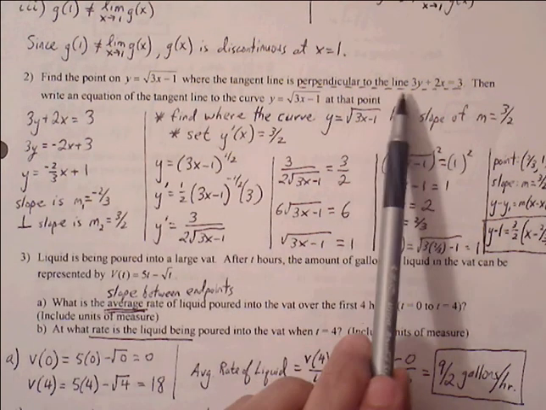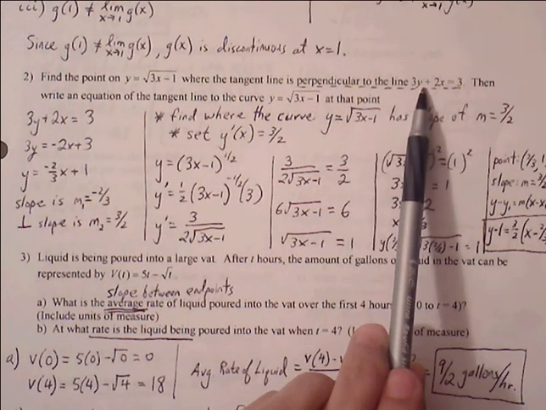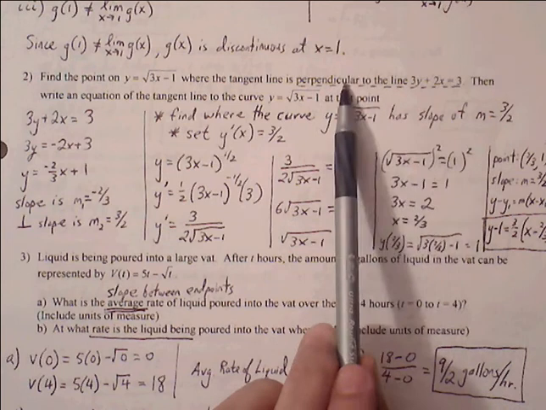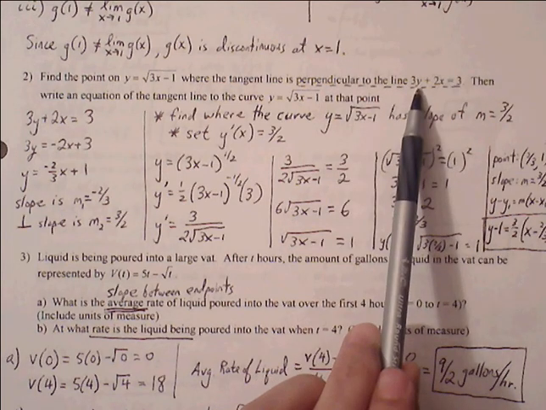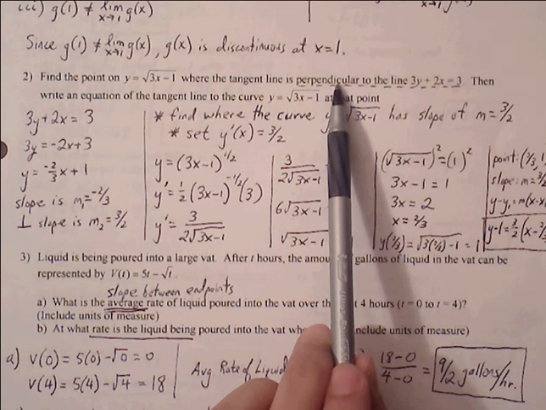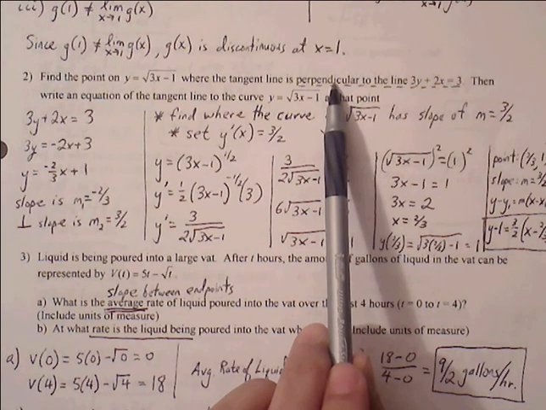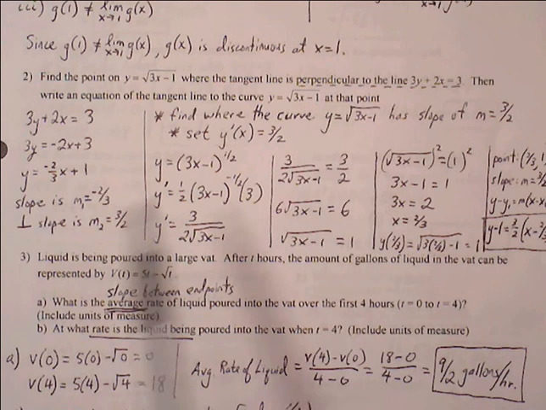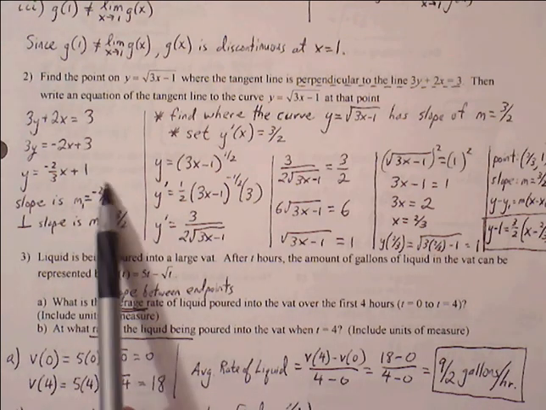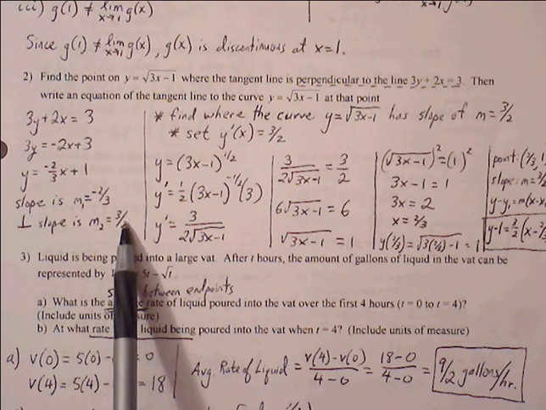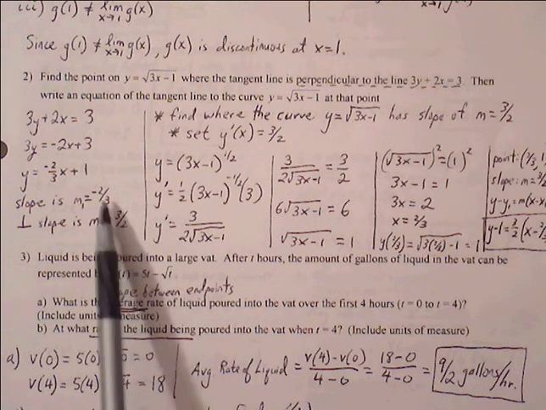But we don't want the slope of this line. We want the slope that's perpendicular to that line. If the slope of this line is negative 2/3, then the perpendicular slope must be the opposite reciprocal, or negative reciprocal. We flip the slope to be 3/2, and then change the sign, so negative becomes positive.